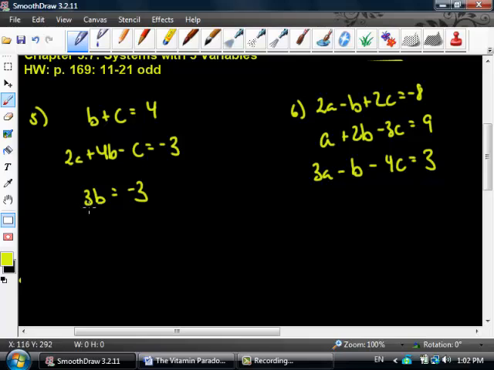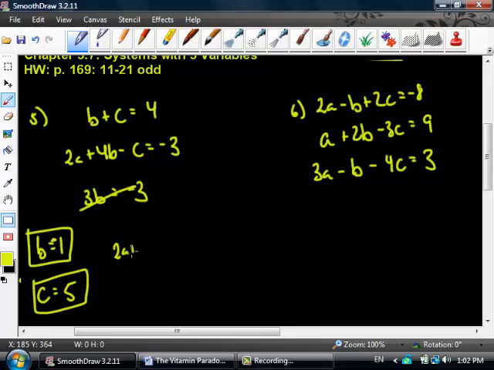Alright. B equals 1, yes? B equals 1 on the first one, yeah? Okay. B plus C equals... Oh, does B equal negative 1? Yeah. My bad. Negative 1. C equals 5?